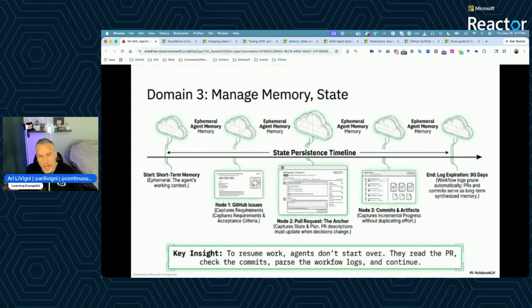It's going to know that and then realize, we've already gone down this path, so I'm not going to do that again. What's another path we can go down? So that's really what this domain 3 is about, is that managed memory state. And again, the state's persistent timeline of our platform and the different mechanisms like issues and pull requests and commits and artifacts.